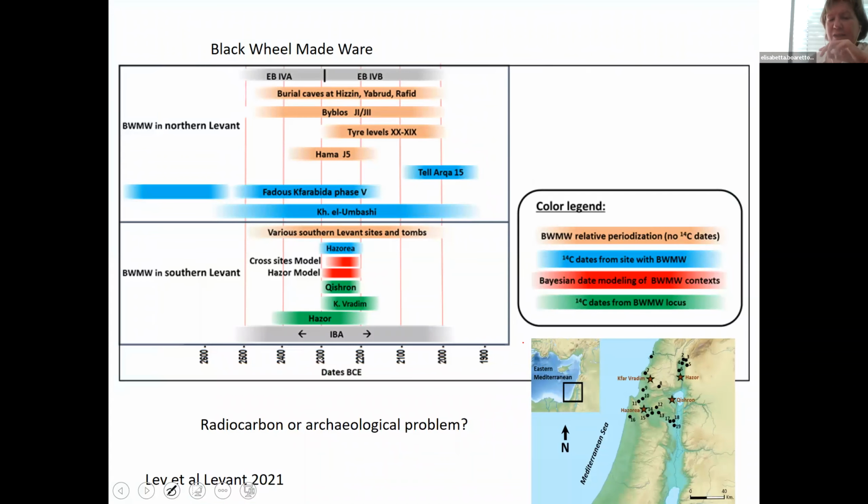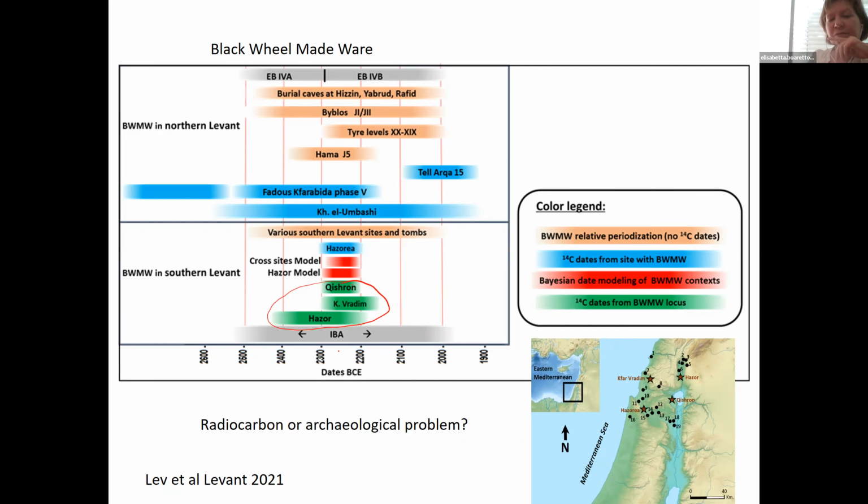So the general picture that we have now between the North and the Southern Levant, with the black wheel-made ware, which is very, very unique, is that in the Southern Levant, here you have the unmodeled distribution of the dates.